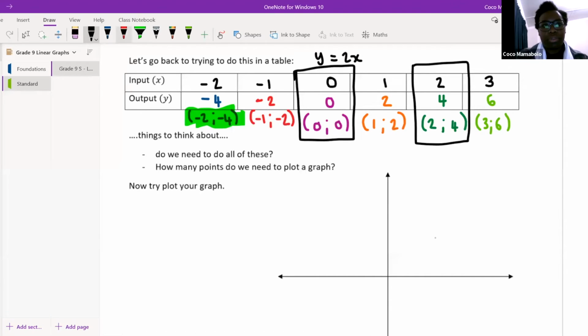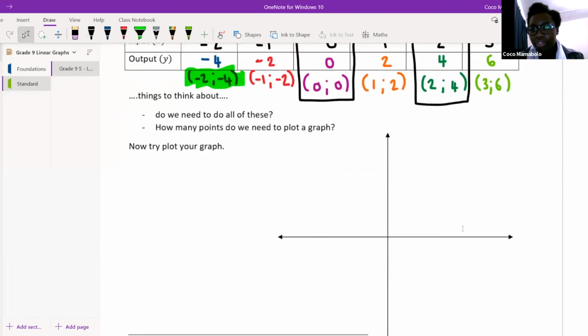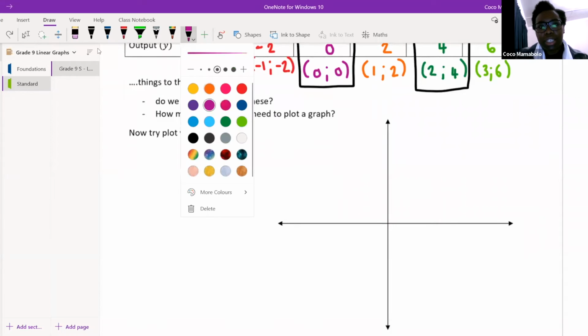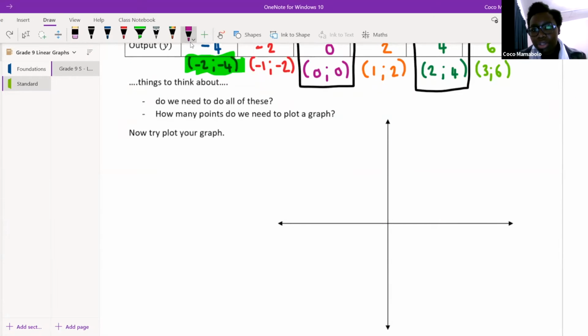So I'm going to go here onto my graph. I'm going to move down a little bit. There we go. I'm going to choose the point 0, 0, which is over there. I want my colors to stay the same. It looks so much nicer when my colors are exactly the same. There we go. 0, 0 is purple. And then 2, 4 is green. So my x value is 2, there's my 2, and my y value is 1, 2, 3, 4 there.